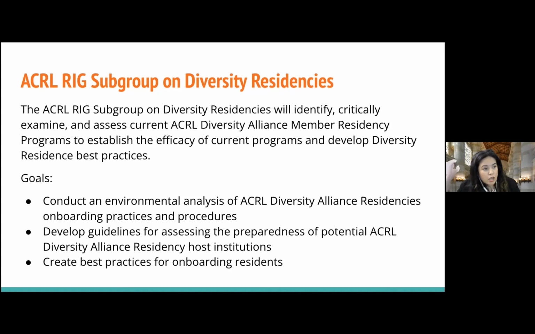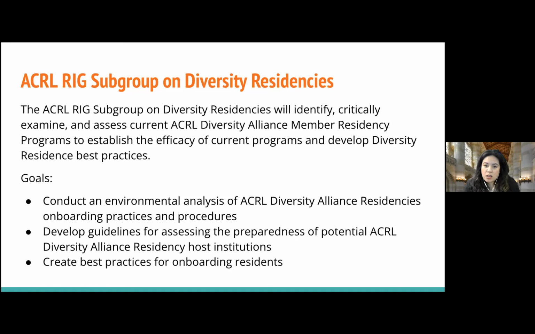As you can see on the slide, our goal, our charge as the subgroup, is to identify, critically examine, and assess current ACRL Diversity Alliance member residency programs to establish the efficacy of current programs and develop diversity resident best practices.